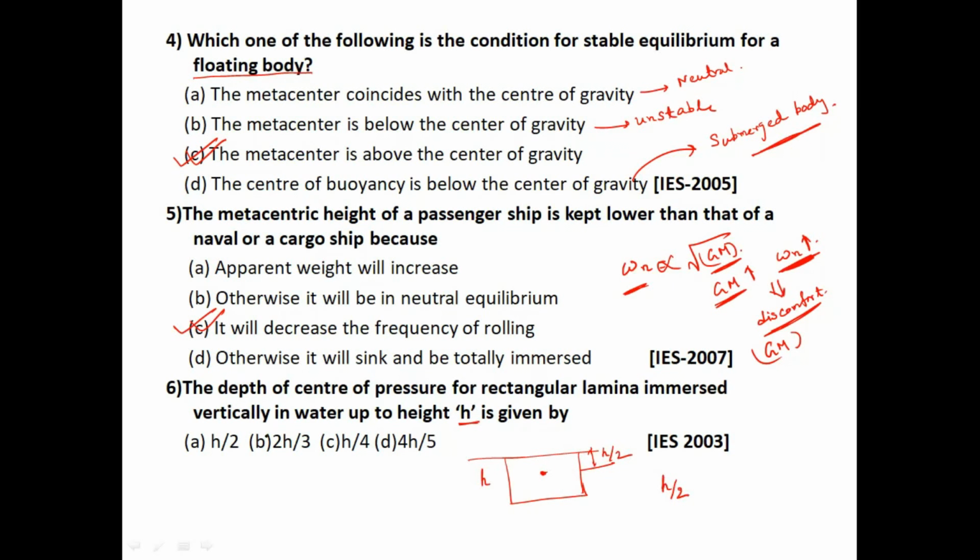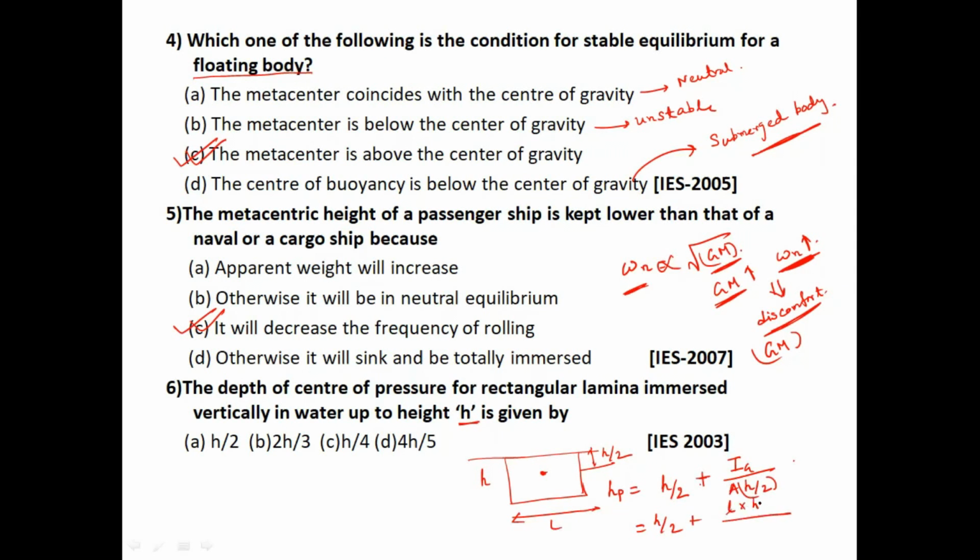Now you're asking the depth of the center of pressure. How to get it? If you remember the formula, the depth of the center of pressure, h_P, is equal to h by 2 plus I_G divided by A h_C, where h_C is h by 2. So what is the I_G here? If you take the other dimension as L, it will be cancelled out.